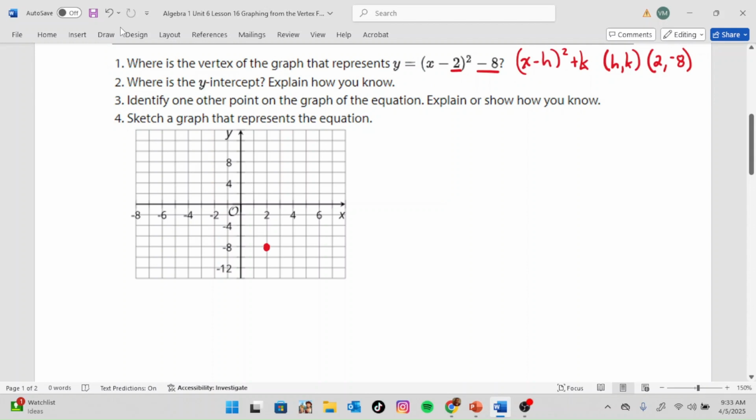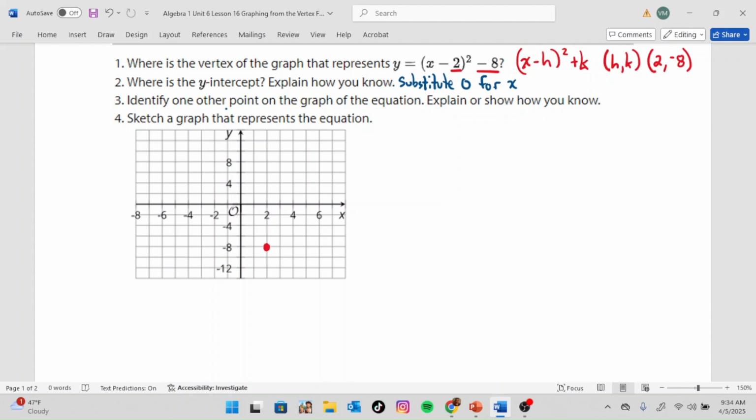Number 2 asks us, where is the y-intercept, and explain how you know. Well, if I am anywhere on this y-axis, then that means my x value must be 0. So we're going to substitute 0 for x.